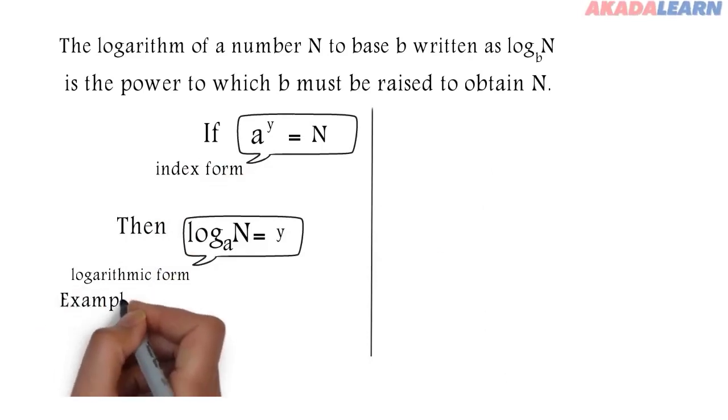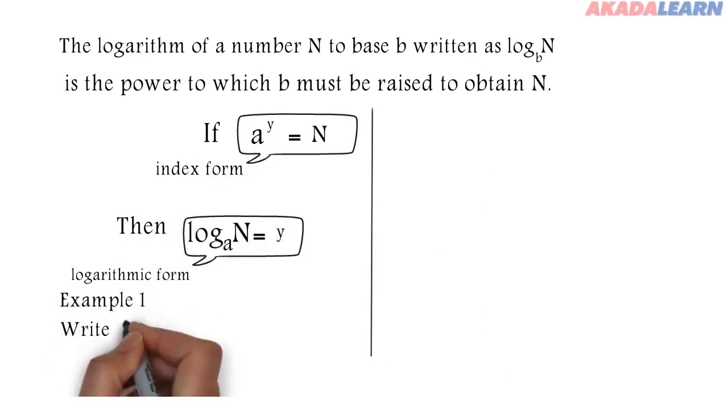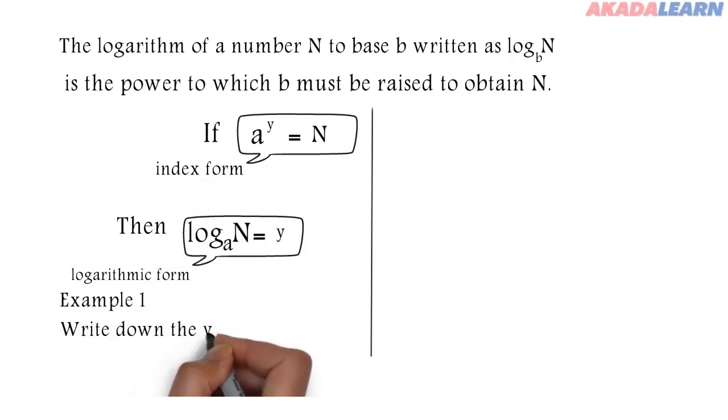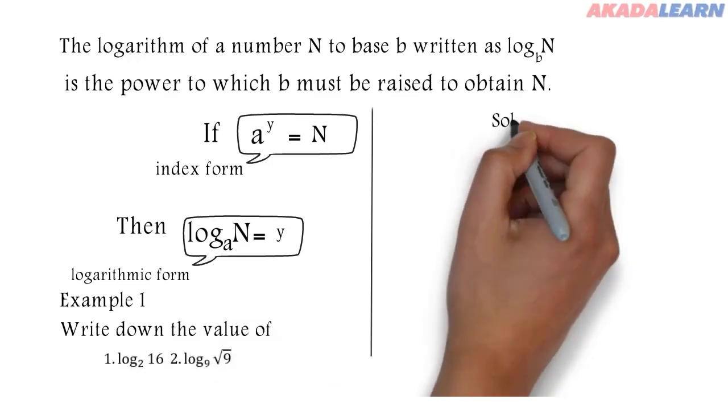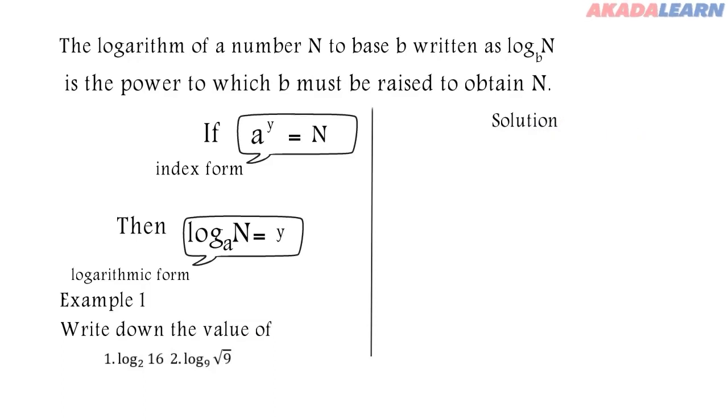So let's see an example now. Example 1. We want to write down the values of some logarithms: log 16 base 2 and log root 9 base 9. So let's see how to do that. Number 1, we'll say let log 16 base 2 be equal to x.